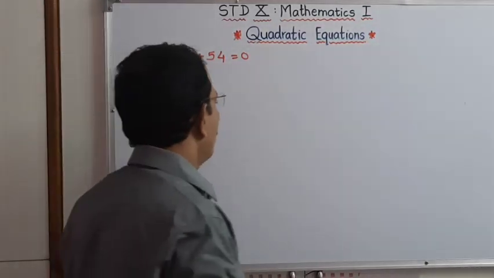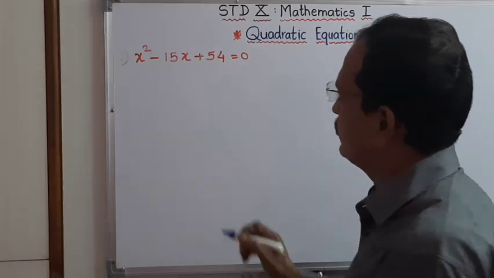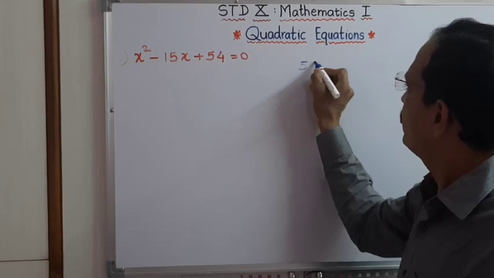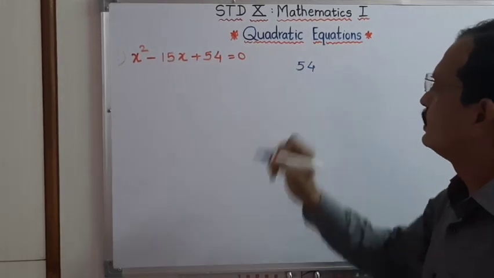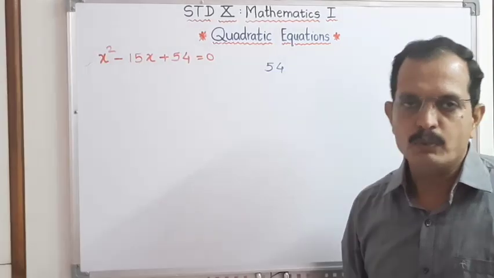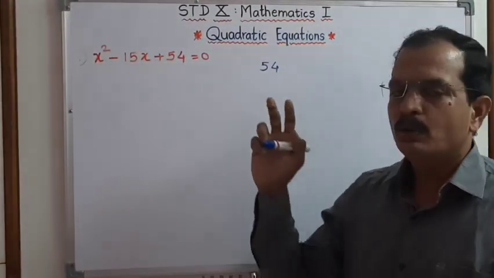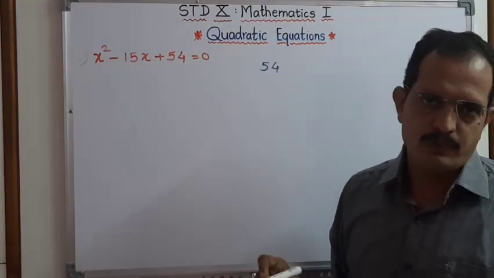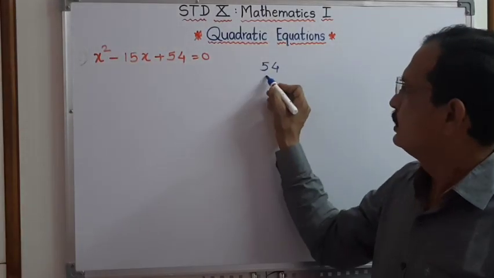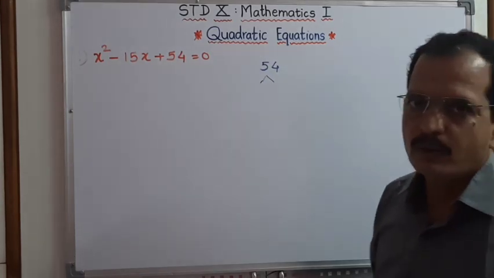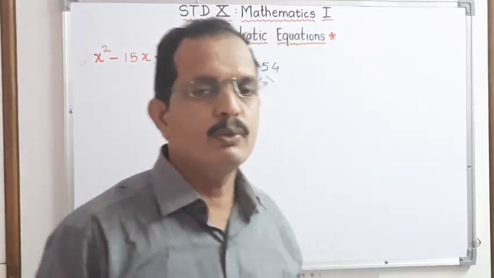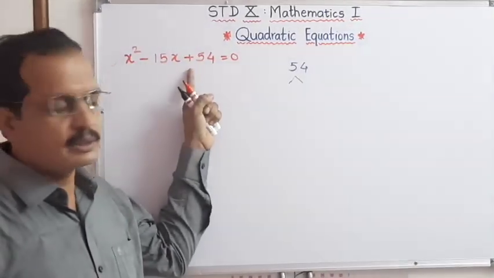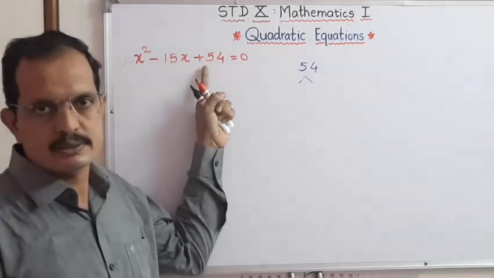Now we have to see the constant term. The constant term is 54. Write down 54 on a rough page. Now find the two numbers whose multiplication is 54. Many numbers are there. Out of that, see the sign of the constant term, it is plus.